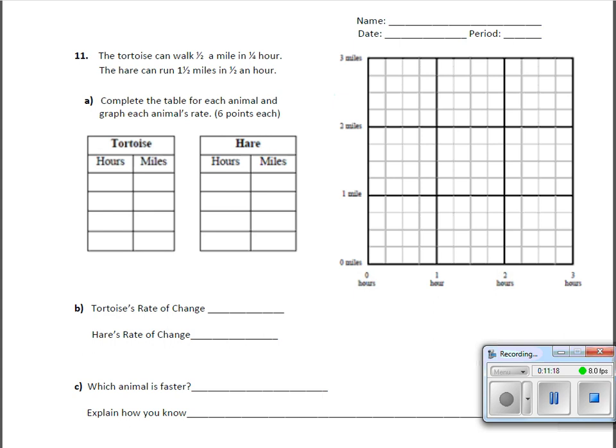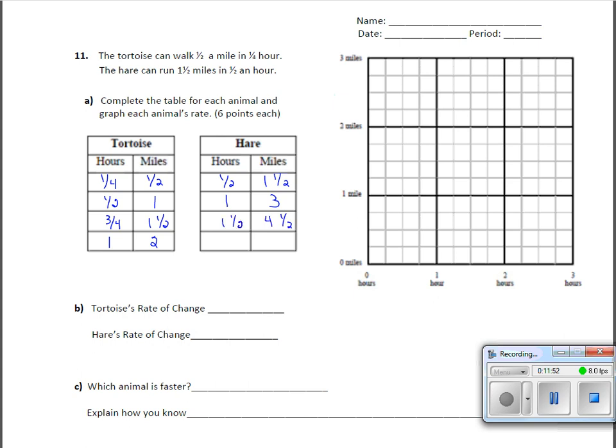The tortoise can walk a half a mile in a quarter of an hour, so 1 mile in a half an hour, 1.5 miles in 3/4 of an hour, and 2 miles in 1 hour. The hare can walk 1.5 miles in a half an hour, so 3, 4 and 1/2, and 6.